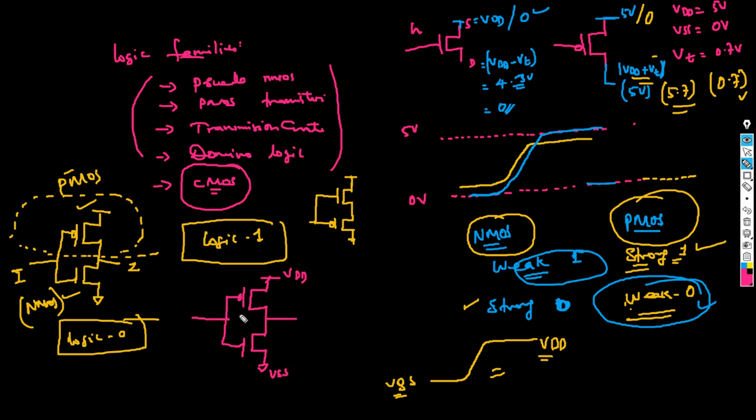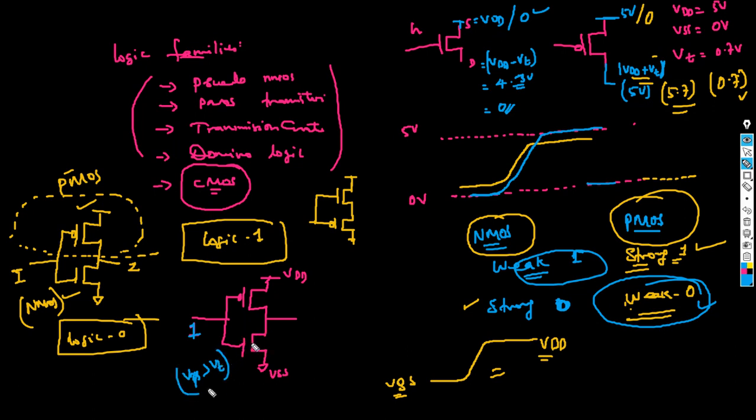Okay, now remember, when we give logic one here, this NMOS would be turned on, because VGS is greater than VT in this case.